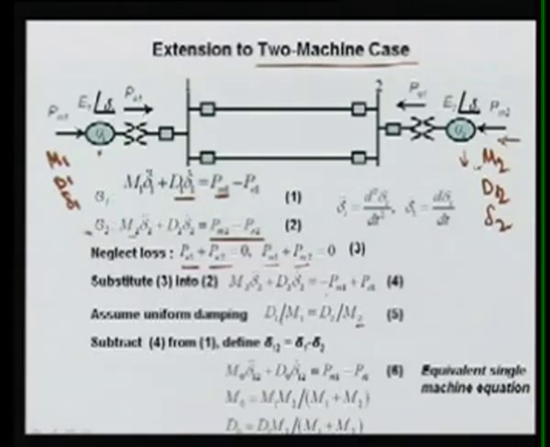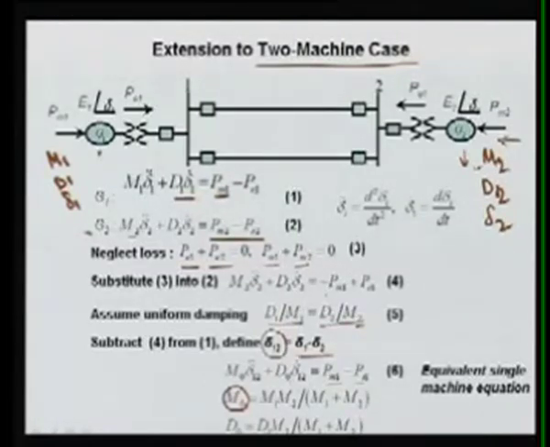But if your damping is uniform, so D1 upon M1 and D2 upon M2 are equal, and we also define delta 1 minus delta 2 as delta 12, we can write the equation M naught delta 12 double dot plus D naught delta 12 dot is equal to PM1 minus PE1. M naught is basically the parallel combination of the angular momenta M1 and M2, so M naught equals M1 into M2 divided by M1 plus M2.